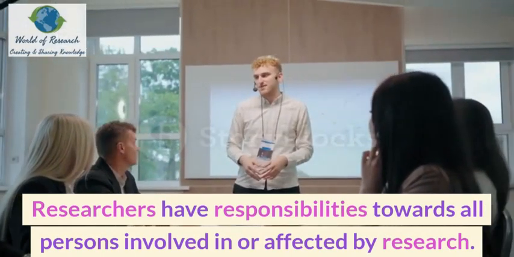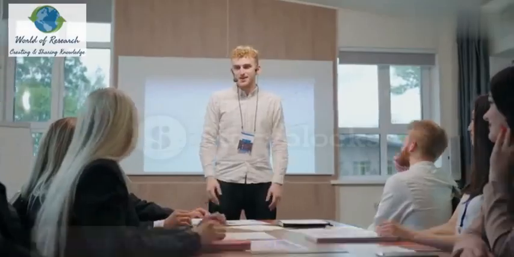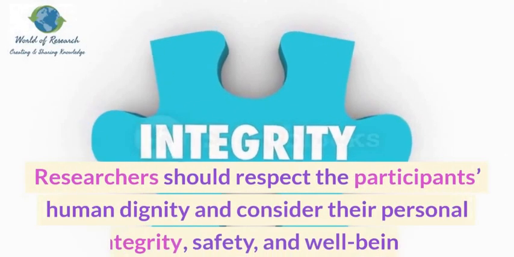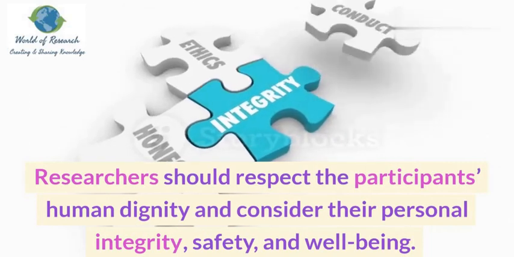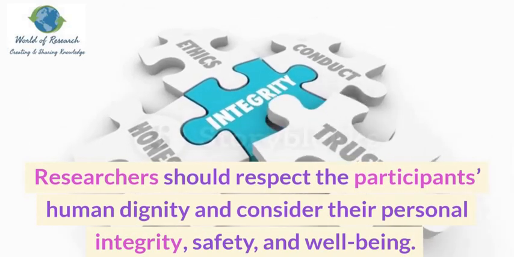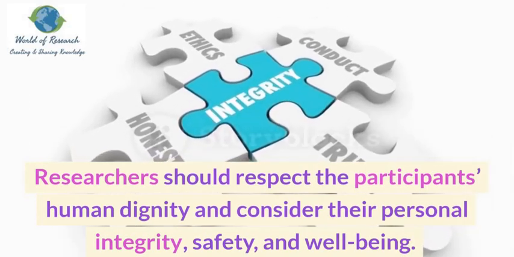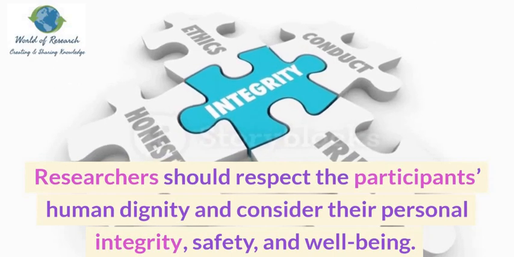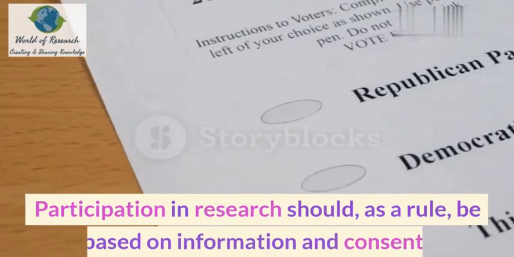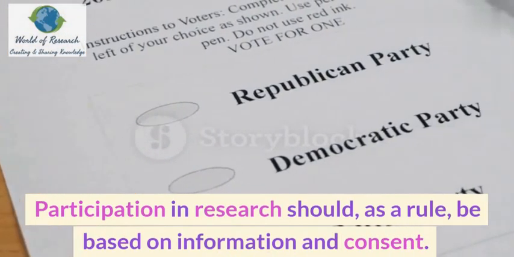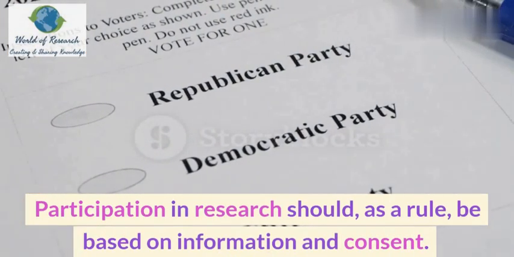Research participants. Researchers have responsibilities towards all persons involved in or affected by research. Researchers should respect the participants' human dignity and consider their personal integrity, safety, and well-being. Participation in research should, as a rule, be based on information and consent.